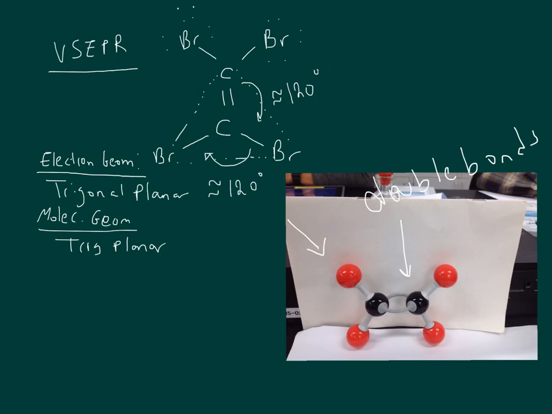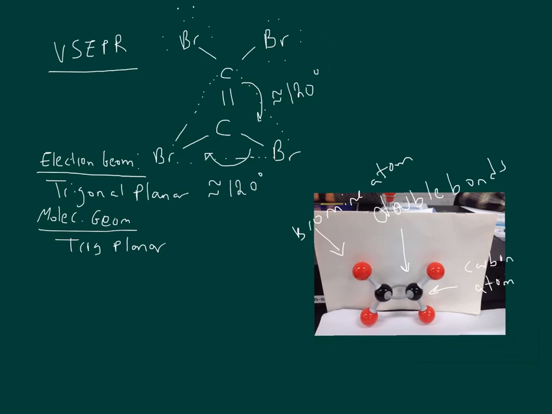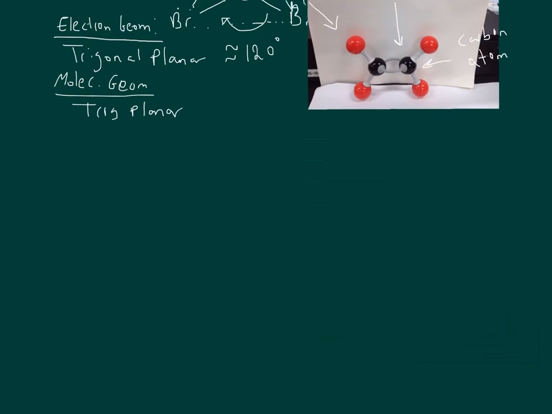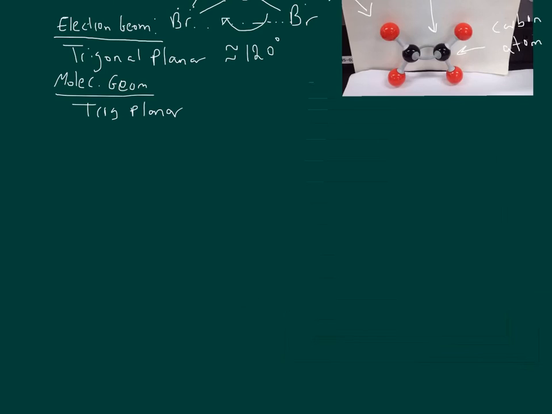Each red one is a bromine atom and our carbon atoms are in the middle. So this is to better understand how these bond in real life in three-dimensional shape. We could take a look at these, better understand it. Now, through the VSEPR method, it is also much easier for us to see this.